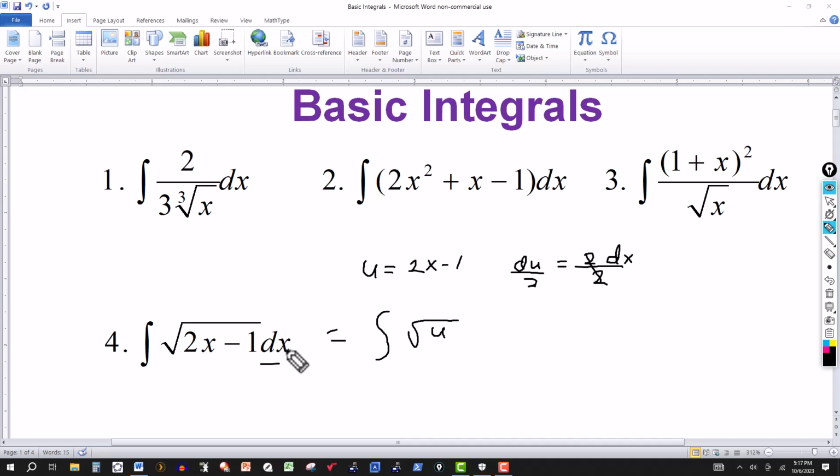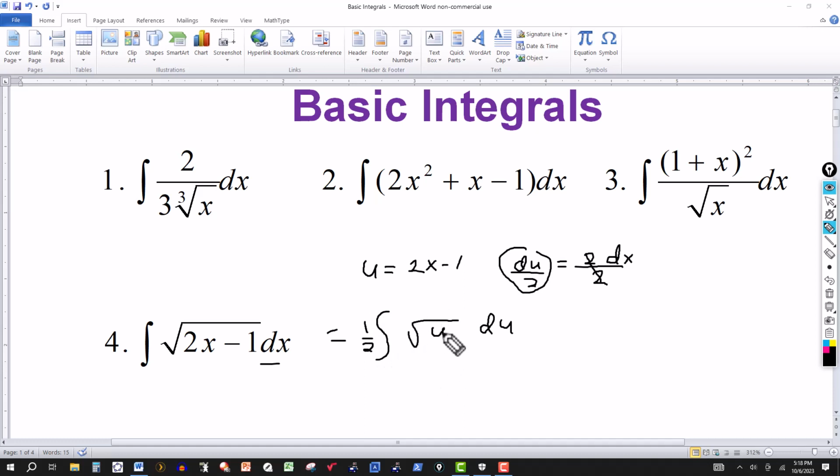So in place of dx, I'm going to use dx is equal to du over 2. I'm going to put du over 2. And I'm just going to write that 1/2 in front. Anytime you have a constant, that's just a number, you can always bring it out here.